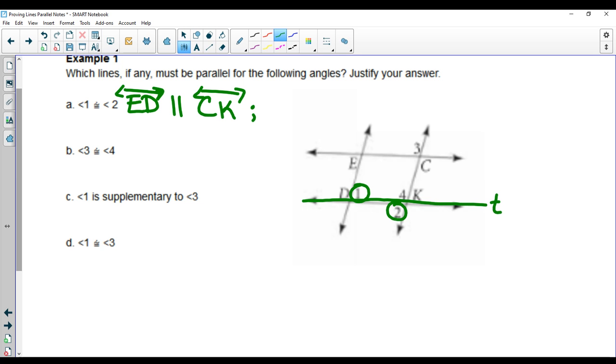How do we know that? What's their justification? We used the converse of alternate interior angles theorem. I know that's a lot to write out, but you've got to say all of that. I have to see converse and then the specific theorem or postulate. All right.